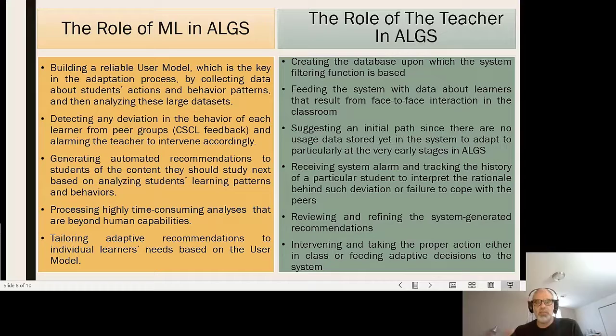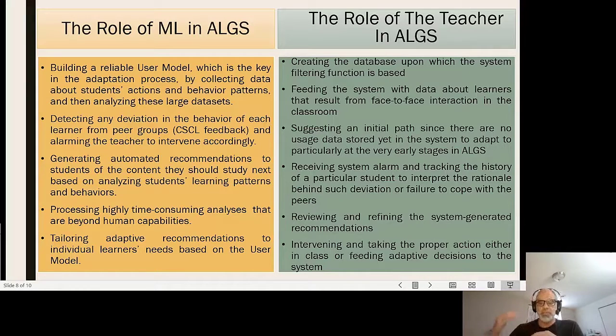If there is no data, then there is no data for the machine learning to work upon, and having this individual model. So even if we have a model for the content, we don't have a model for the learner, and how these two will interact with each other. So the initial path is definitely the job of the teacher.